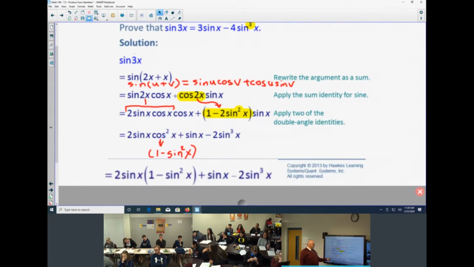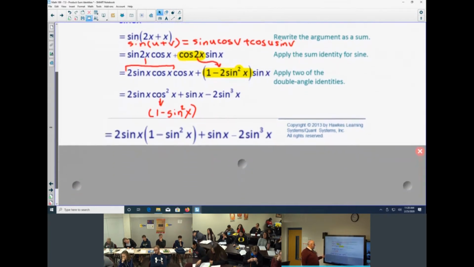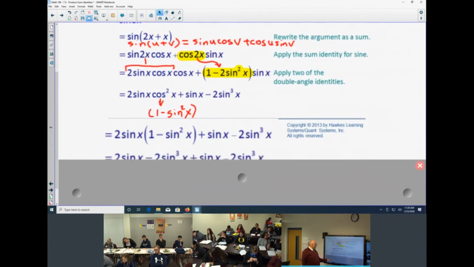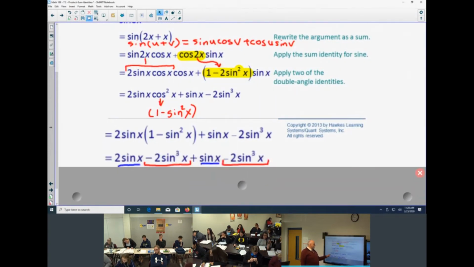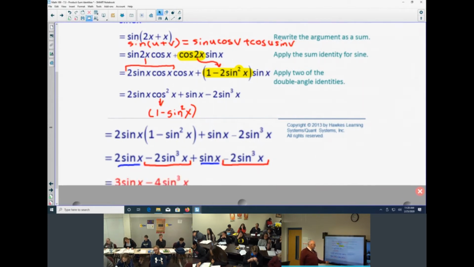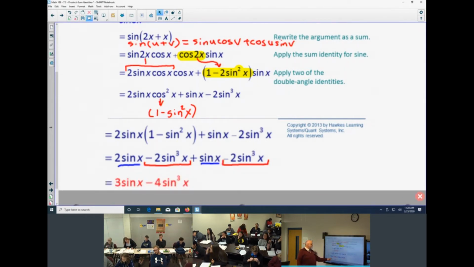So 2 sine x times 1 minus sine squared x. 2 sine x times 1 is 2 sine x, and then 2 sine x times negative sine squared x is negative 2 sine cubed x. Now if I combine like terms, I have 2 sine x plus 1 sine x is 3 sine x, and then minus 4 sine cubed x. And that's what I wanted.